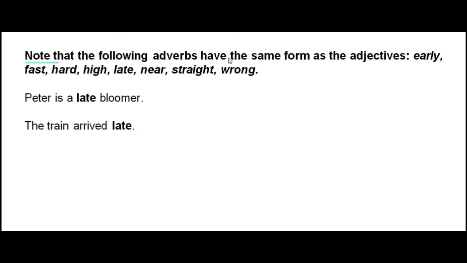Also note that the following adverbs have the same form as the adjectives early, fast, hard, high, late, near, straight, and wrong. Read the following sentences and decide whether the words in bold are used as adjectives or adverbs.